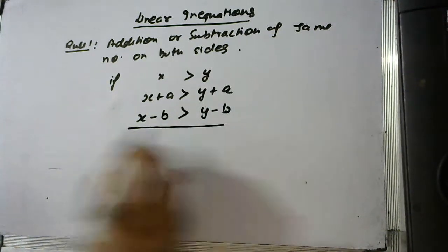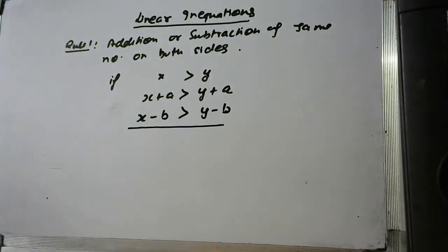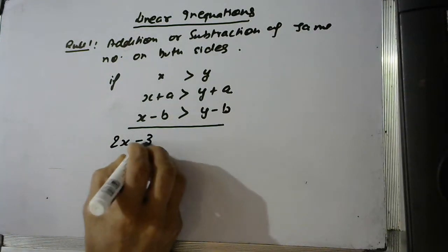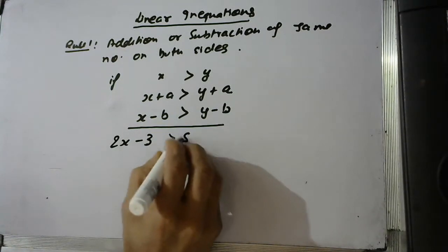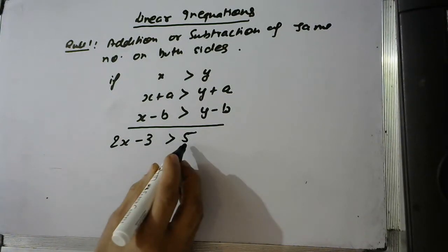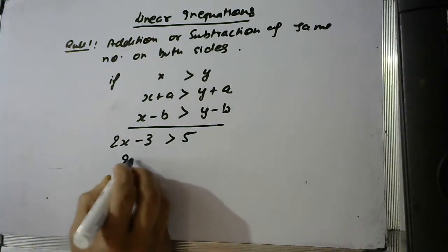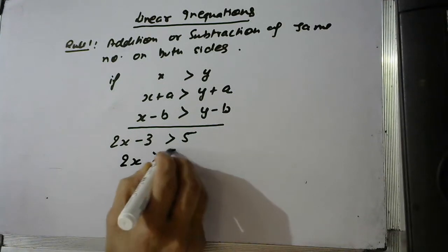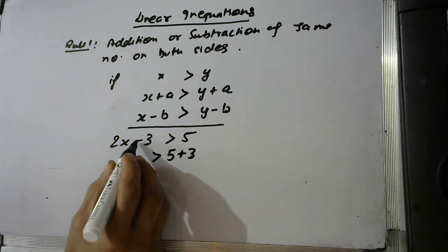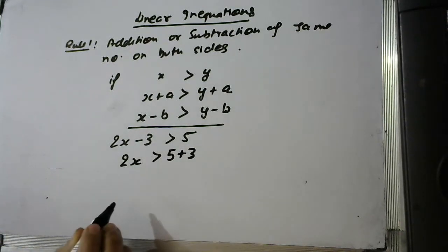So this rule forms the basis of transposition of terms from one side of inequality to the other. For example, if I have to solve this inequality, I have to find out the values of x for which this inequality is satisfied. I can transpose 3 to the right side, where since it is in subtraction on the left side, it gets converted to addition on the right side.